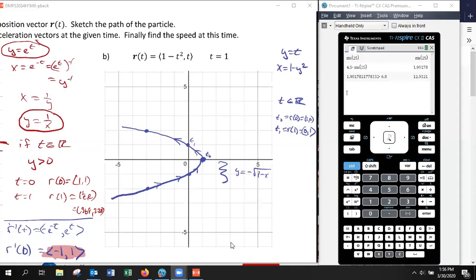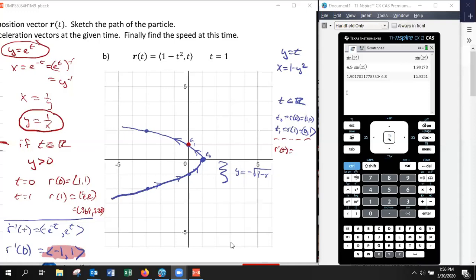So with that said, now that I have my time 1, the point that I'm really going to be emphasizing is going to be this point right here. So if this is time 1, let's go ahead and find r prime of 1. Let's start off with r prime of t.